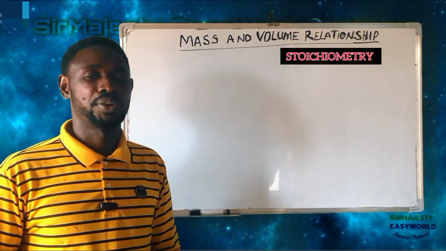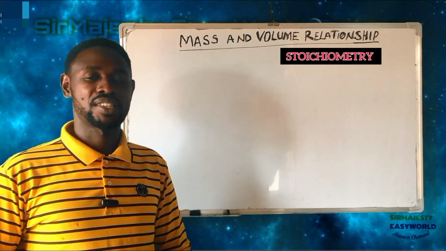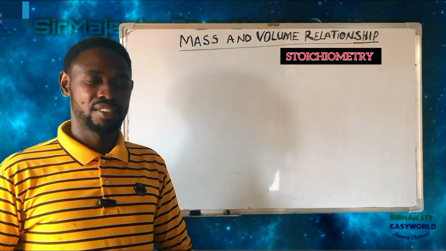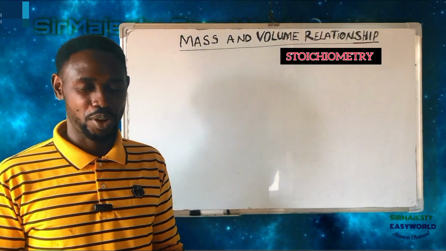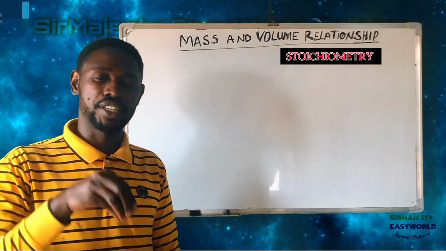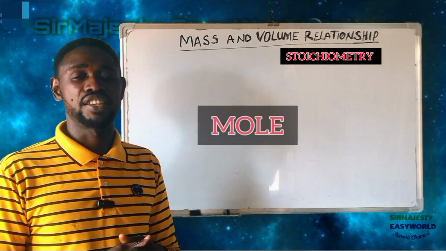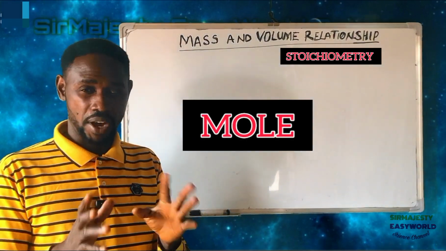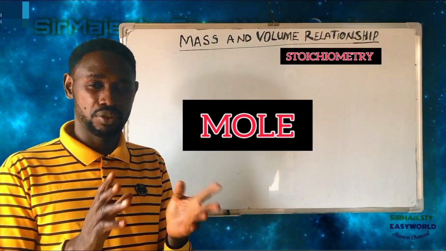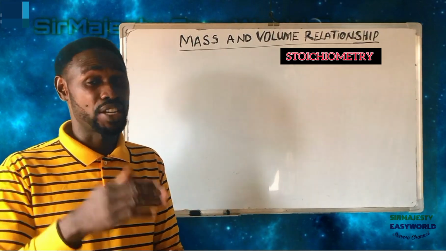If we can measure an element, then we can equally measure compounds and molecules, since elements constitute compounds. The fixed unit of measurement used here is the mole. It is believed that you have the idea of mole and Avogadro's number earlier, maybe in your 10th grade, that should be your SS1.